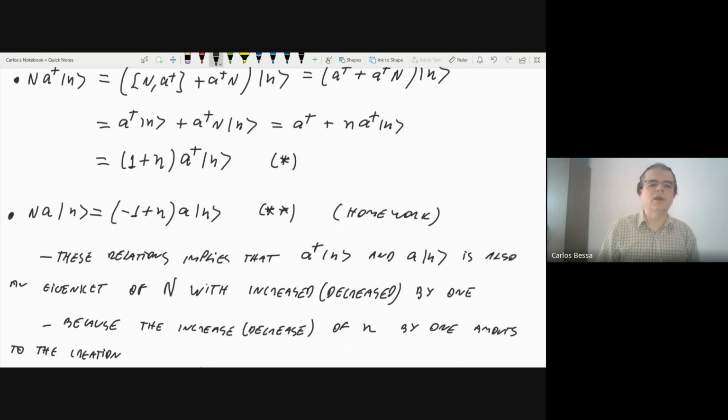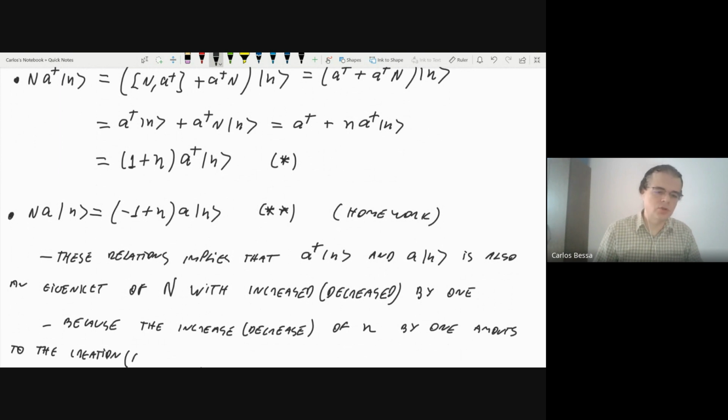My state was n, but I'm adding one unity. So I'm creating something. In this other case, I'm annihilating something because it's n, but now it's n minus 1.